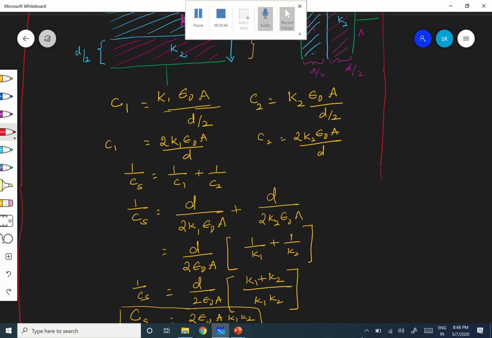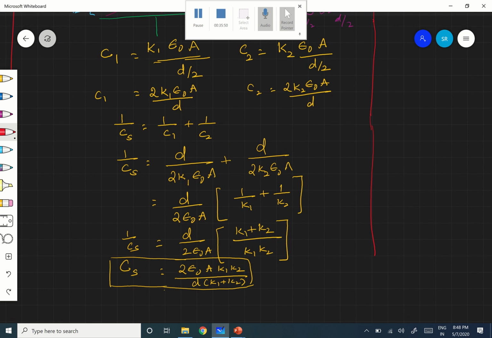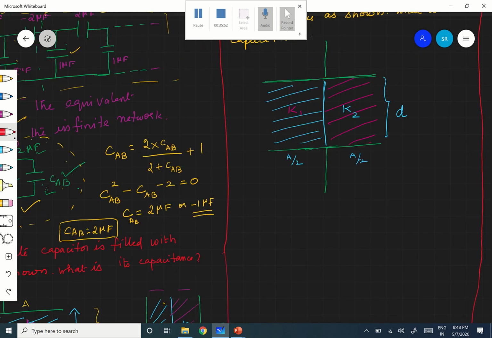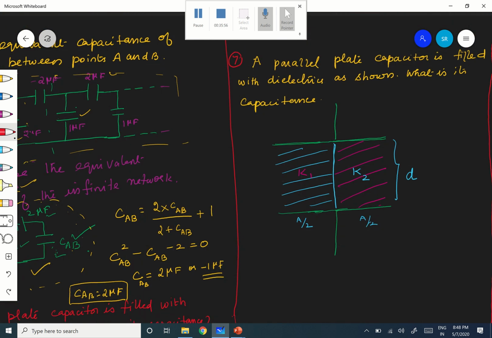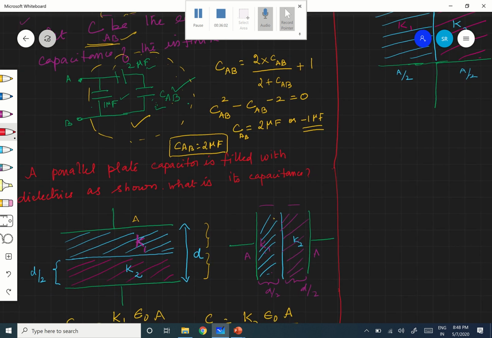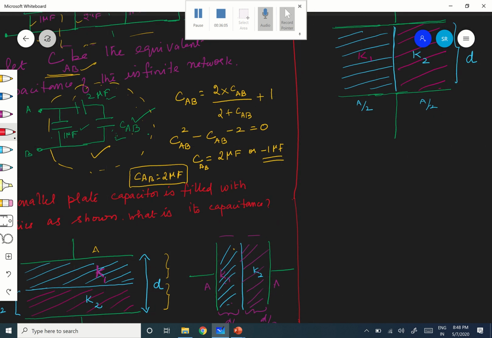What about this? A parallel plate capacitor is filled with a dielectric as shown. What is its capacitance? Just compare this one and the previous one. Here the area is the same, but the distance between the plates is divided.